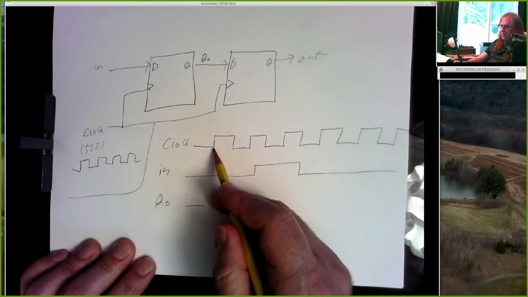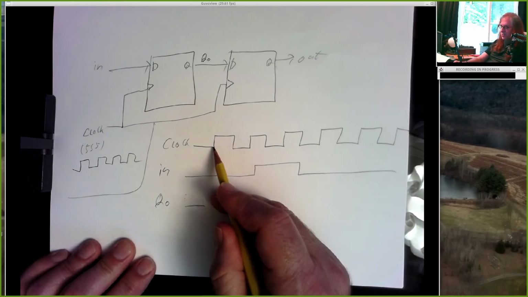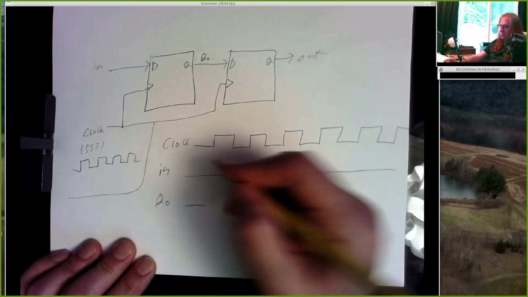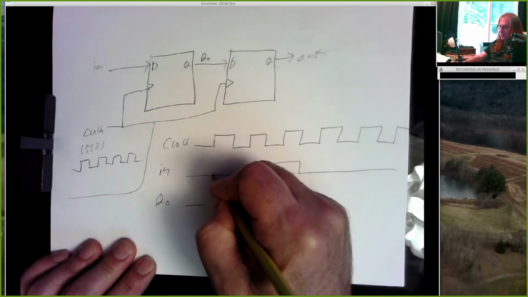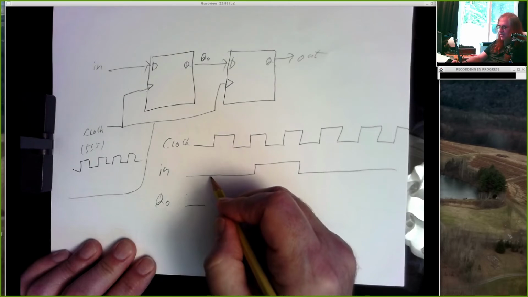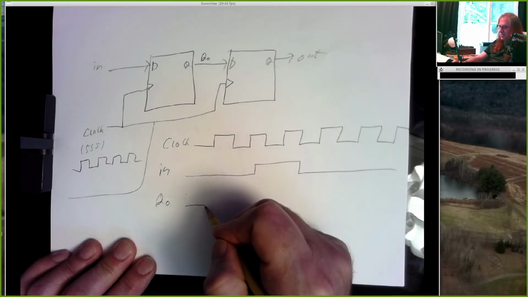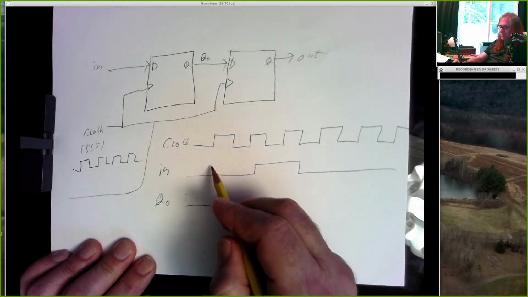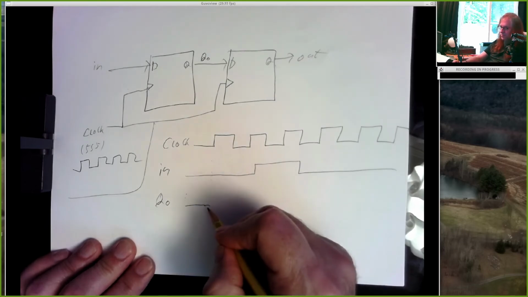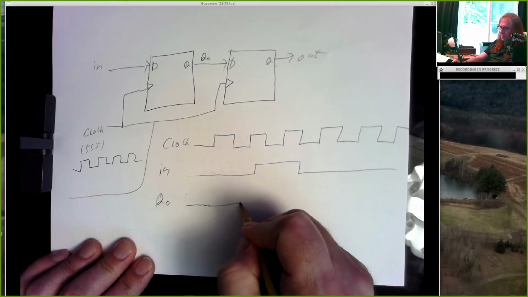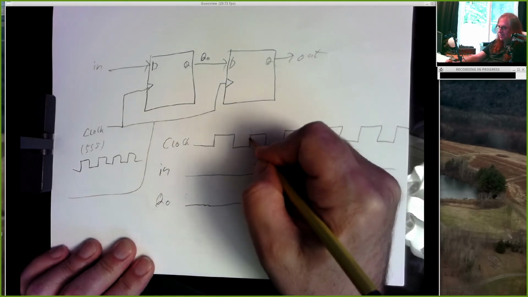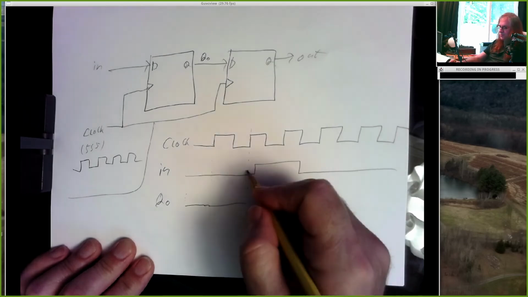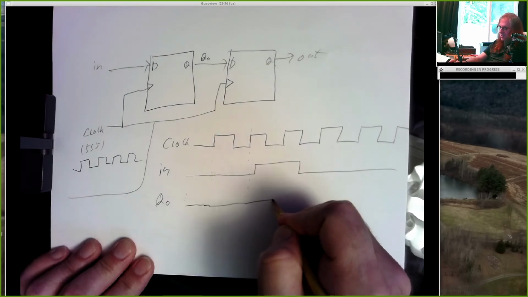And when we clock this first flip-flop, right, because this clock's feeding into this clock on the first flip-flop, what does the flip-flop do? It looks at the value going into its D input, well, that's what we're calling in, and it says, hey, D is a 0, I'm going to set my output to 0. And so at that point, our output stays low. And then the next time the clock ticks, which is right here, it looks at the D input, which is a 0, and so the output stays low.